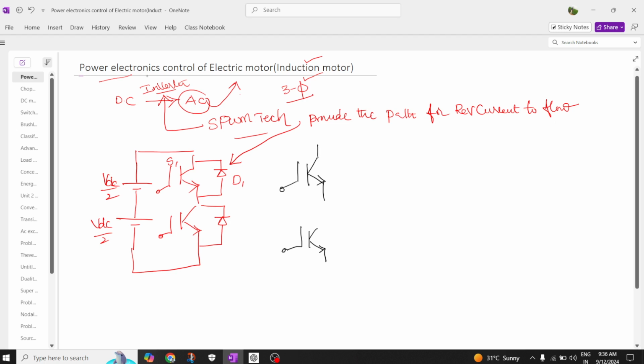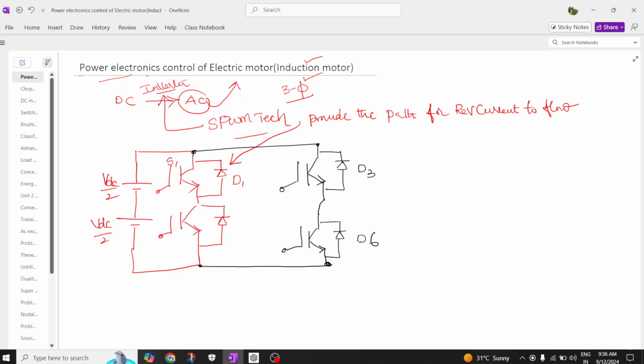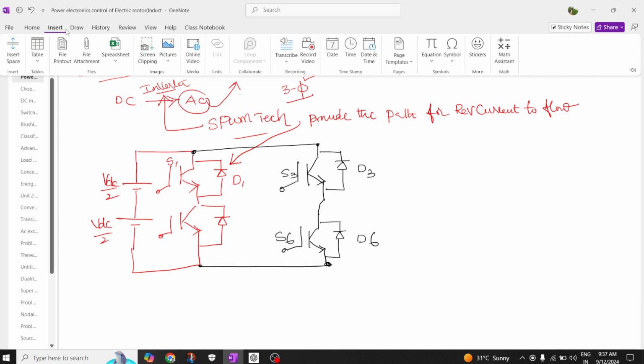This has a parallel diode, and I'm giving the label as D3, and here one more diode in parallel, which I'm labeling D6. Just to differentiate, I'm using different colors. So here they are interconnected like this, and this switch I'm labeling S3 as well as S6. Okay, and we have R, Y, B.